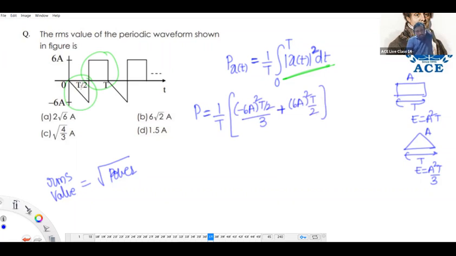Taking the energy in the triangle and rectangle from our predefined relations, this simplifies to 24A square. RMS value is the square root of that, 2 root 6A.